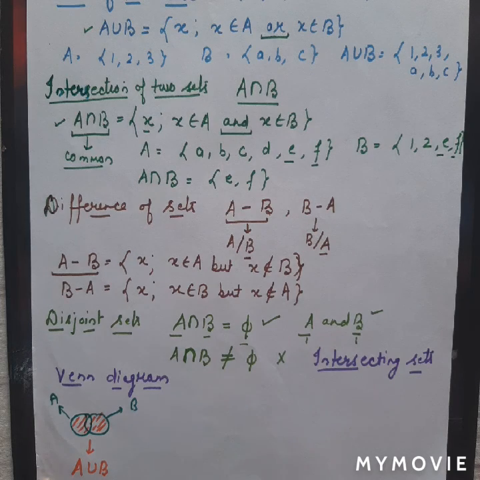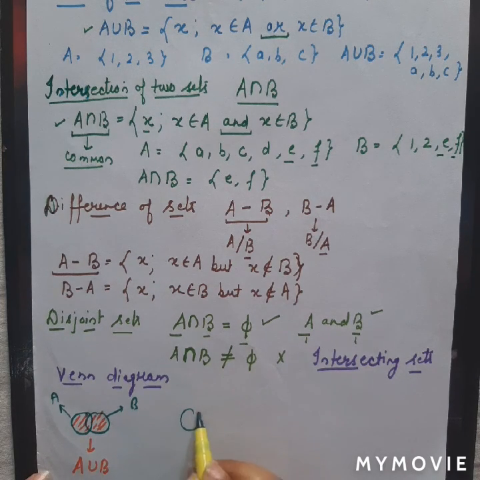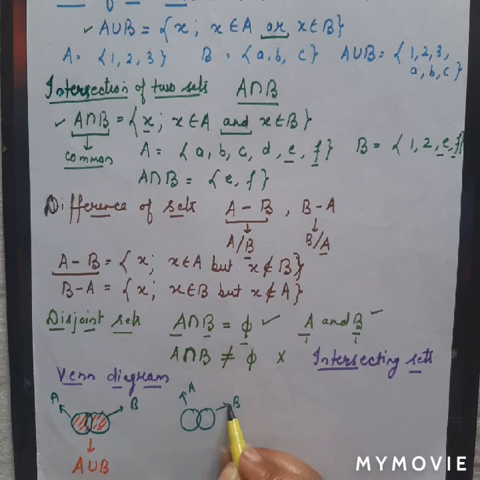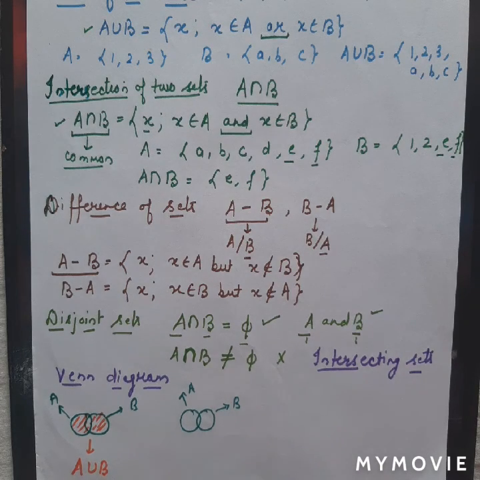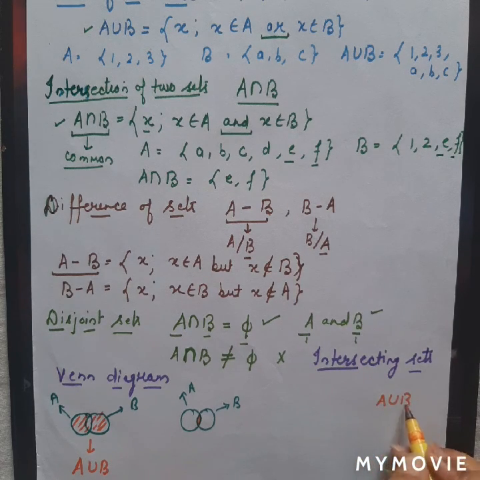Now next is, if A and B, this is A, this is B, and if we consider only these points, can I call it A union B or A intersection B?